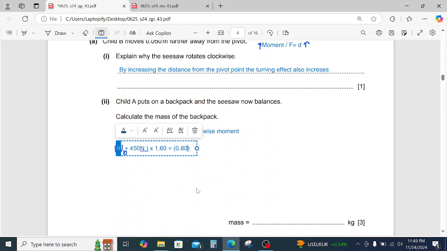Meter, just write plus 0.05 and multiply with the weight of this child.